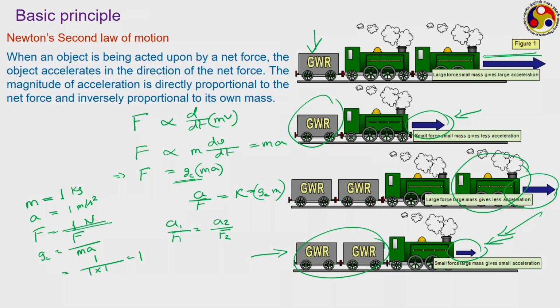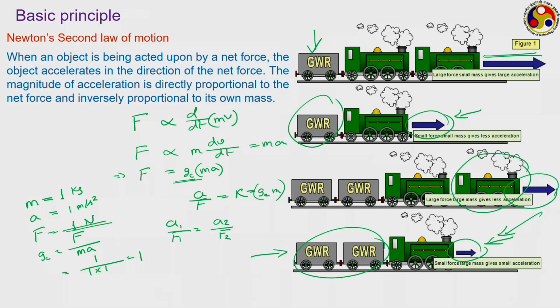1 Newton we are defining as a force which corresponds to 1 meter per second square acceleration of a body of mass 1 kg, or I should say when a body of 1 kg is being subjected upon by a force which leads to an acceleration of 1 meter per second square, then that magnitude of that particular force is 1 Newton, thereby giving Gc to be equal to 1.